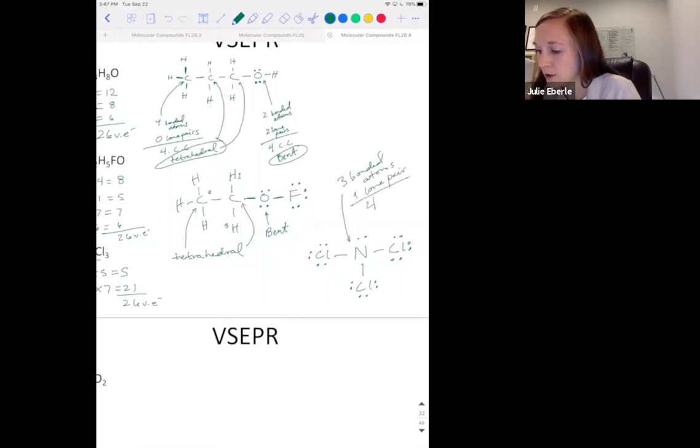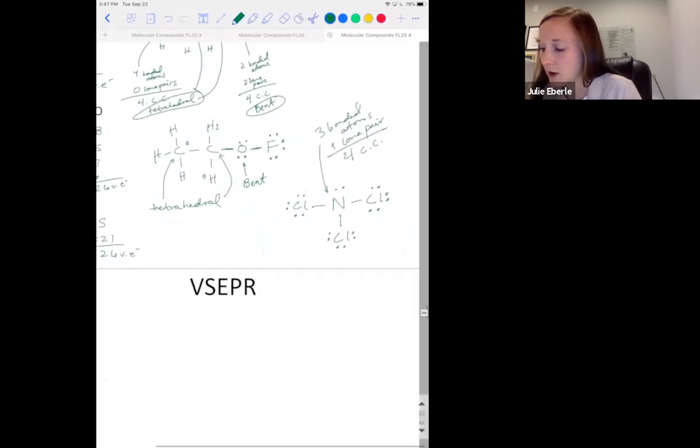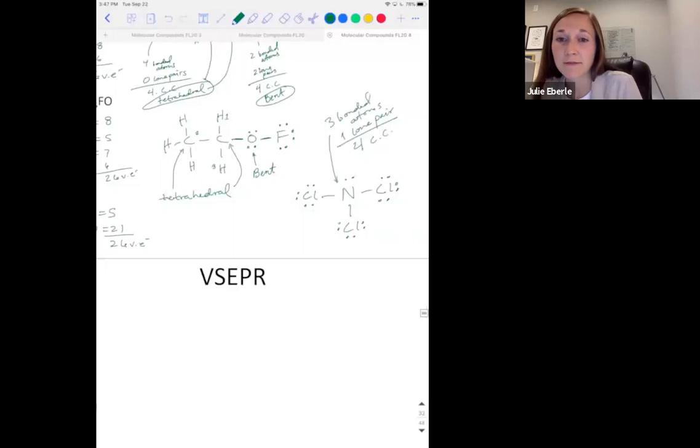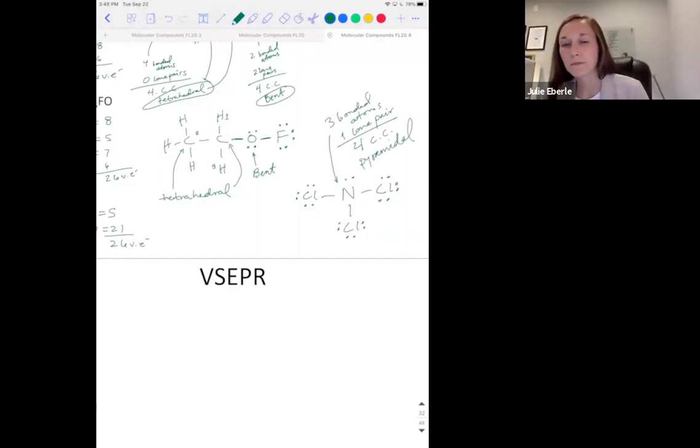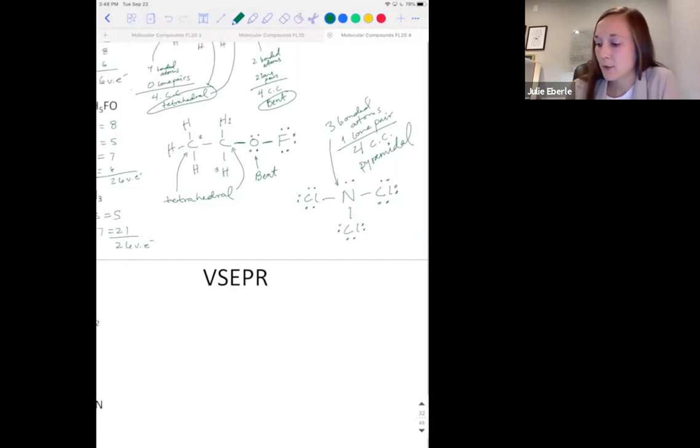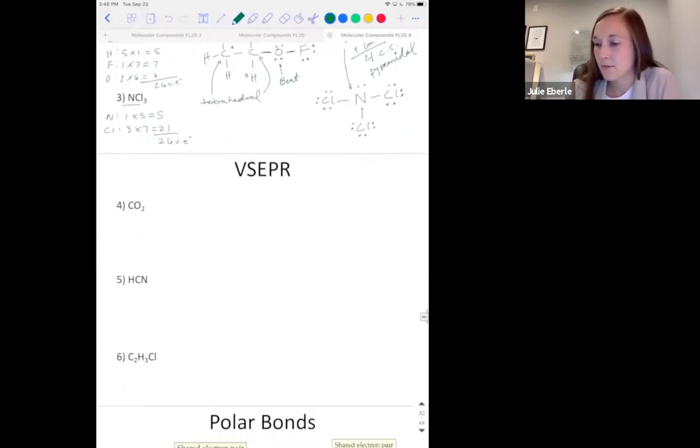That adds up to 4 charge clouds. And we call this, anybody remember what we call it? Pyramidal. Good job. All right. So that kind of is the end of our geometry.